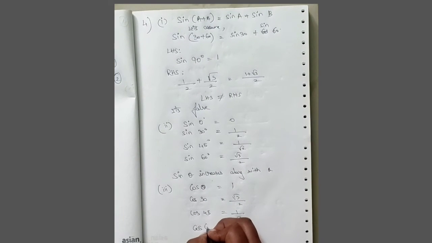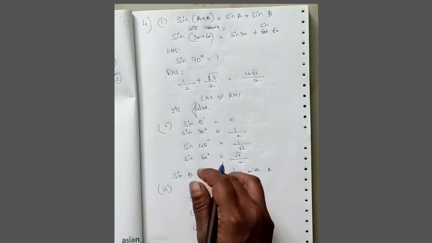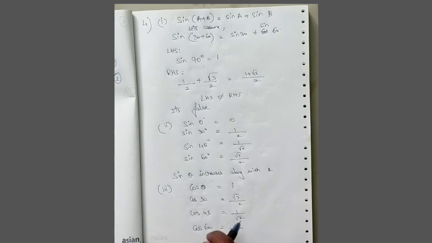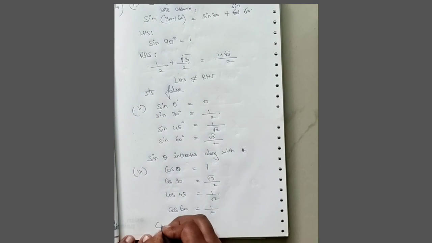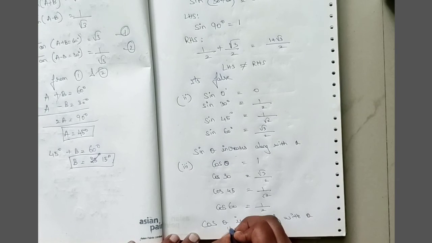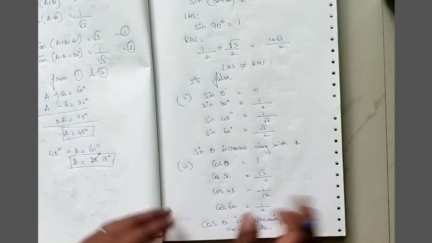Cos 45 will be 1 by root 2. Then cos 60 will be 1 by 2, and cos 90 will be 0. So it is exactly the reverse. So cos theta is not increasing with theta. Cos theta is decreasing with theta. Hence false.